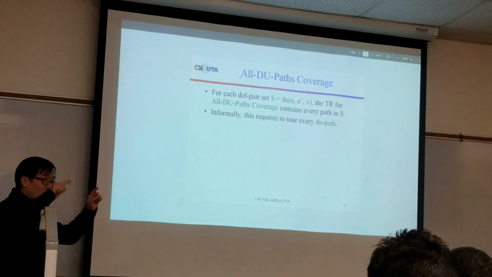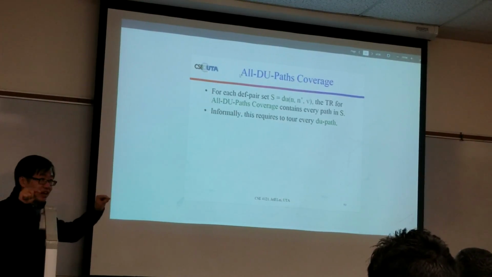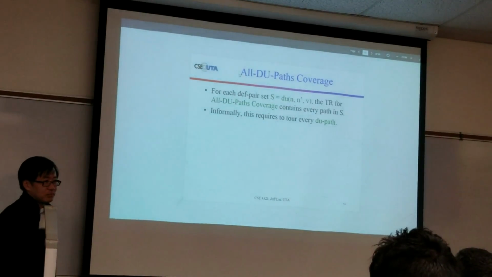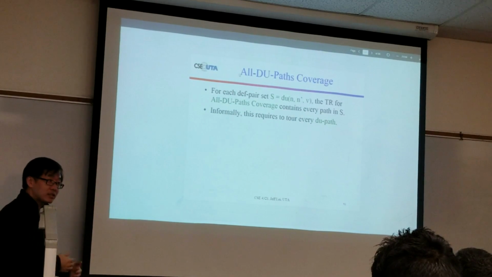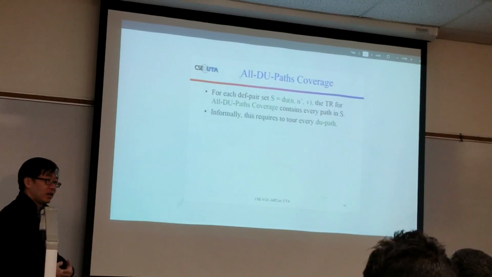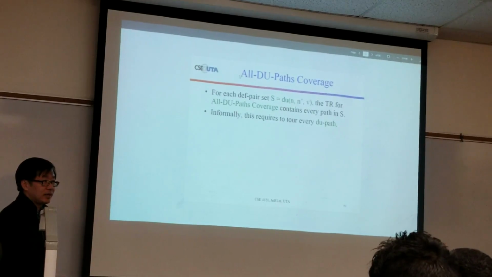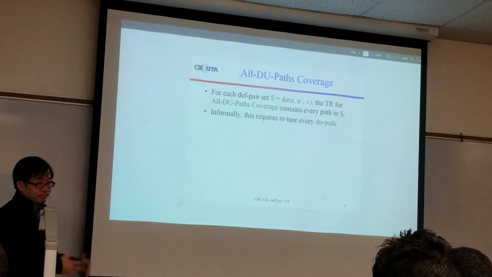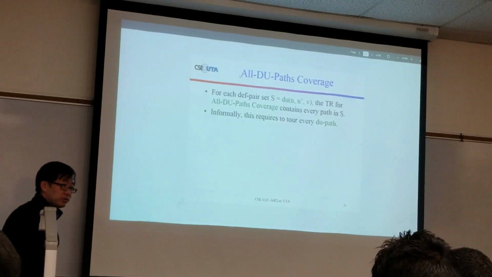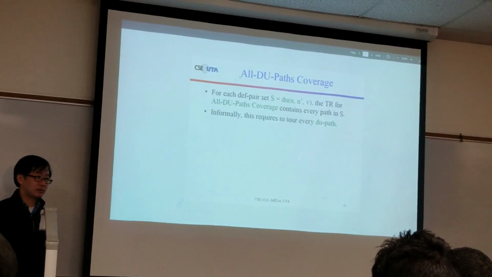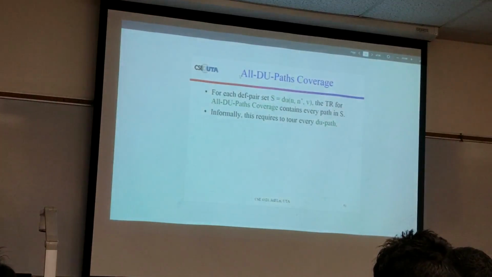Here you require all the paths between the definition and the use to be tested. So this is going to be more comprehensive. It's going to require more resources for the testing, but very likely it will help you detect more bugs, right? Again, that's kind of the hierarchy. I hope by now you get familiar with the way we do things.